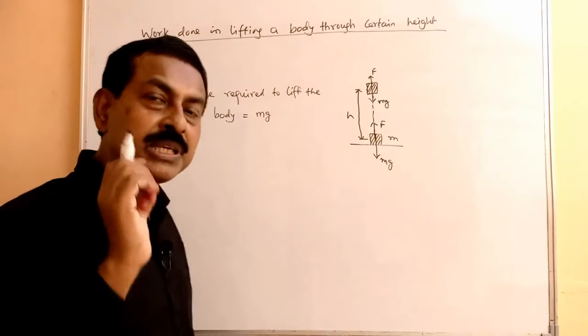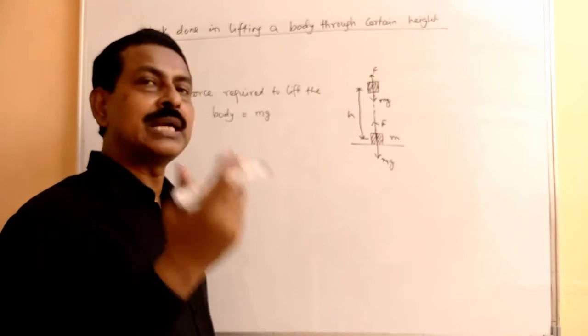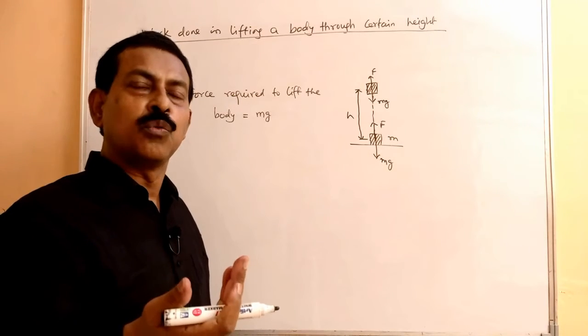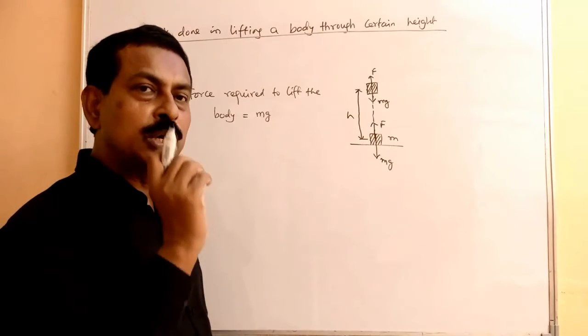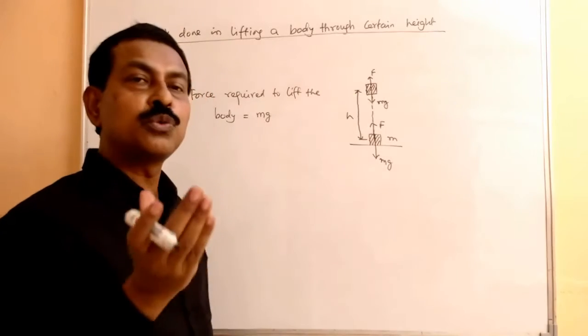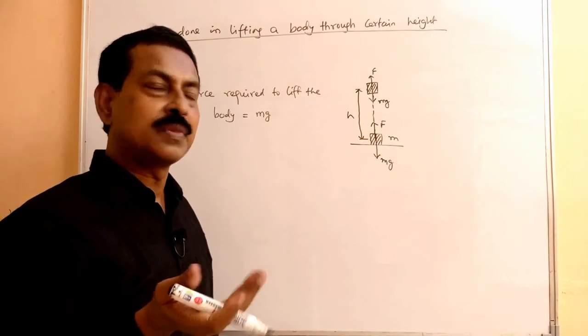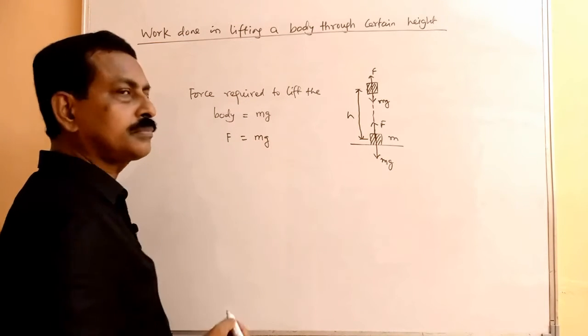Remember, this is the minimum force required, because any amount of force more than this will give you accelerated motion. So this will not give you the work done in just lifting the body; we want to find the minimum work done. So here F is equal to mg.